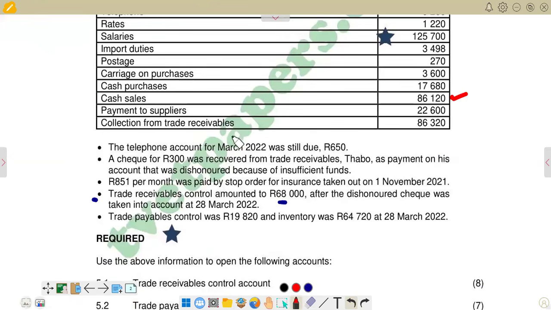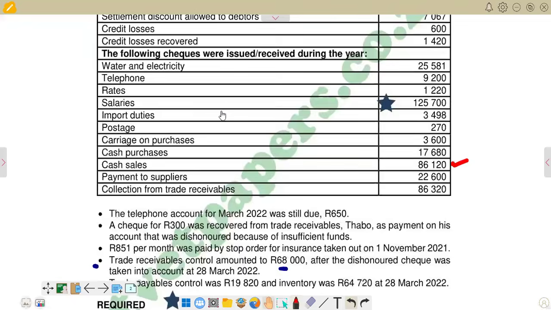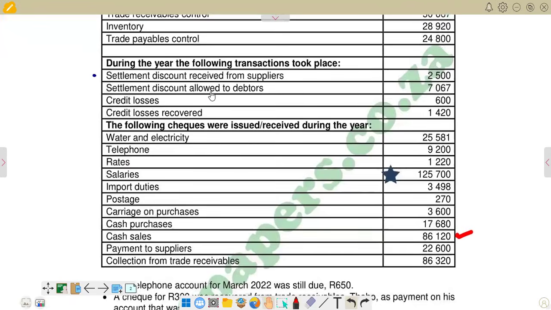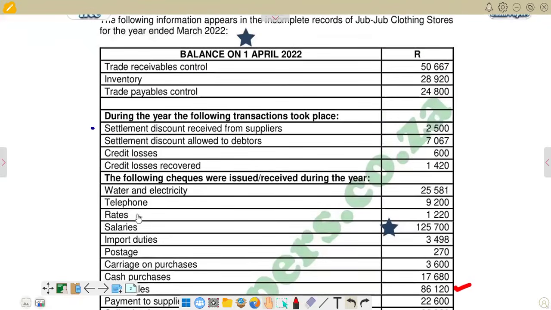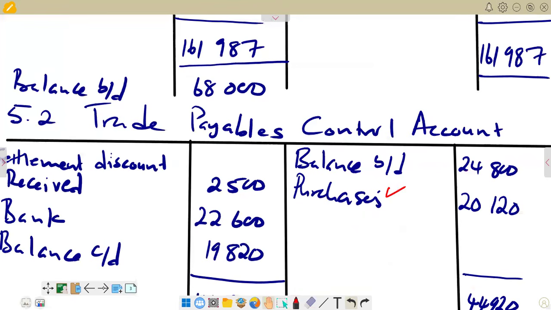Remember also on the debit side, we said we are going to put our opening inventory, which we can find in the list of balances. That's where we've got our opening inventory. At the beginning, we've got inventory balance on 1 April 2022, which is 28,920. So we put it on the debit side as our opening inventory.